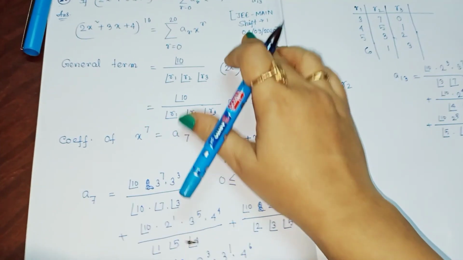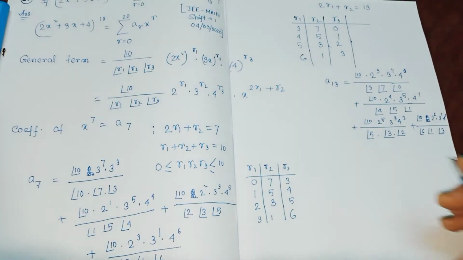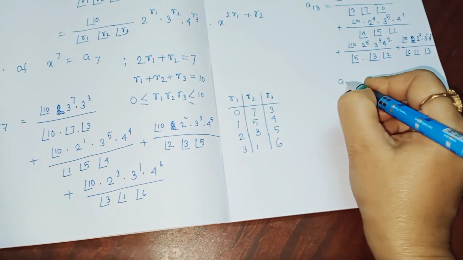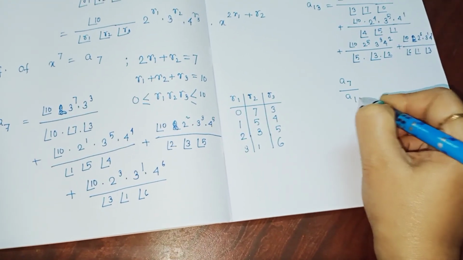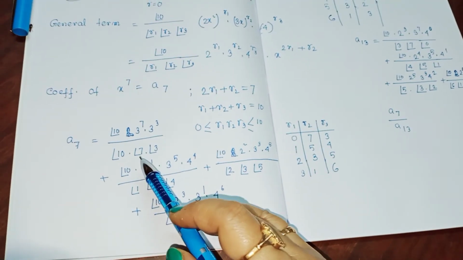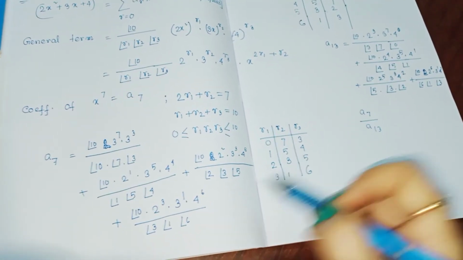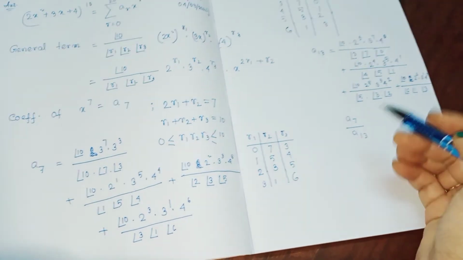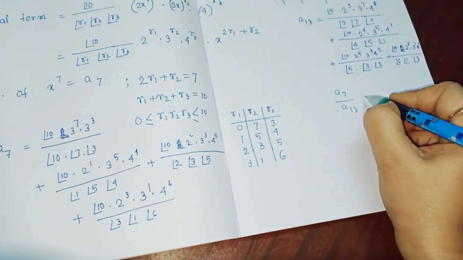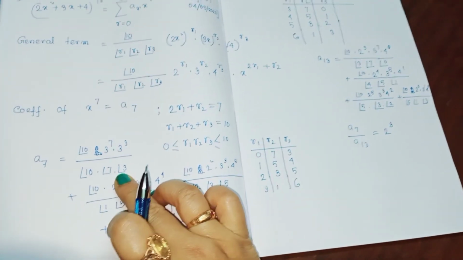Now our question asks for a_7 divided by a_13. When we calculate the numerator and denominator and add them, the common factors cancel out, everything is cancelled, and it becomes 2³ only.